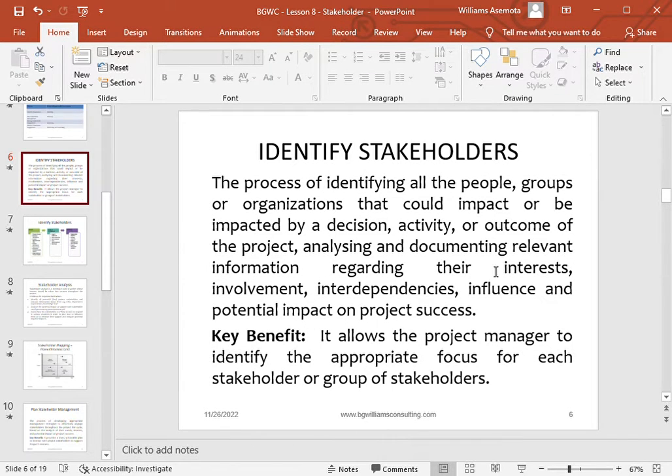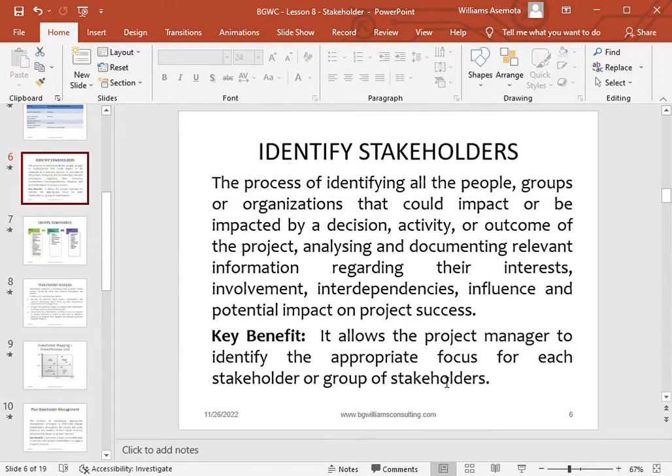So identifying your stakeholder is simply finding out who are the people, groups, or different organizations that will be impacted by the project or the project outcome, or whose interest is impacted. So you must find out those people because they have a way of affecting your project.